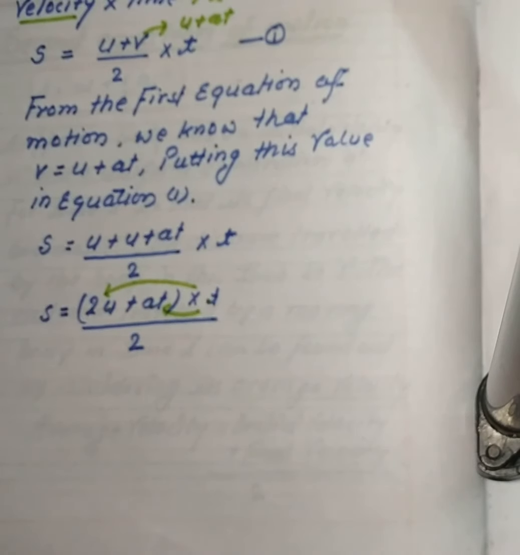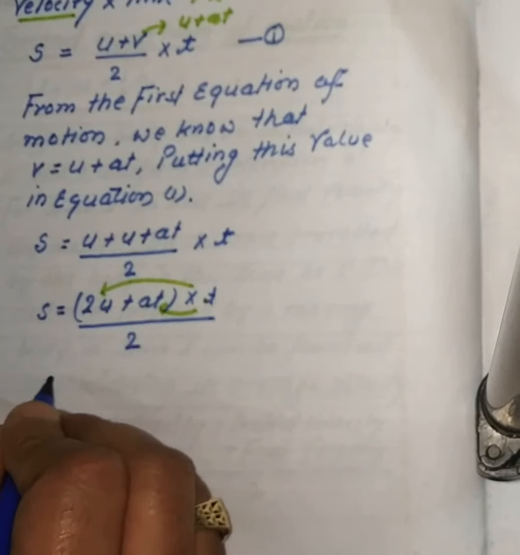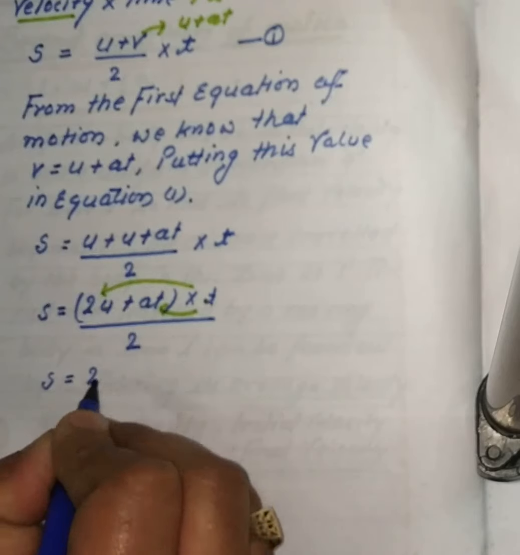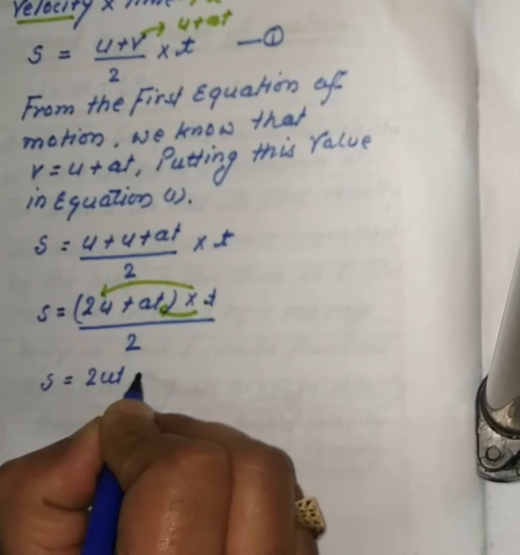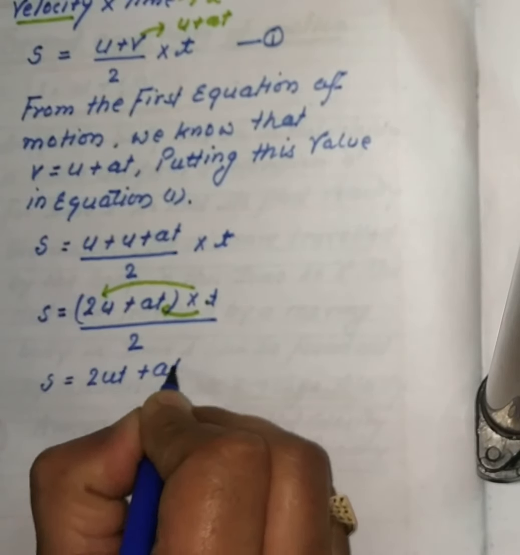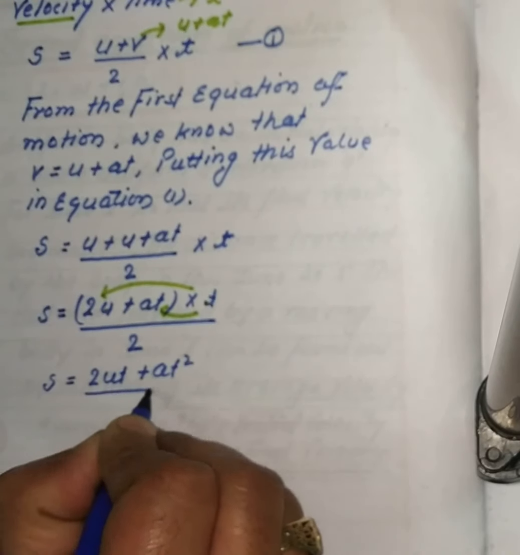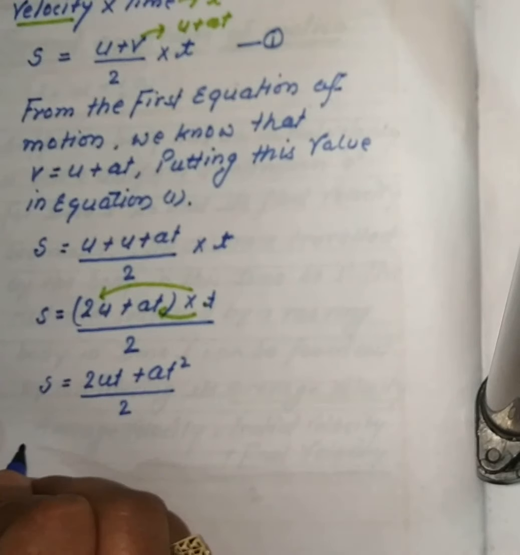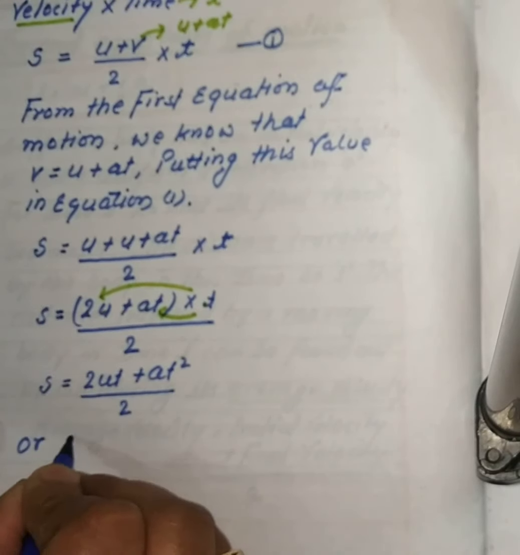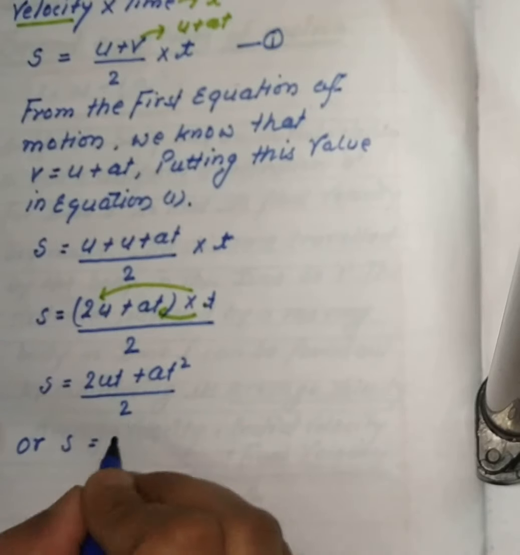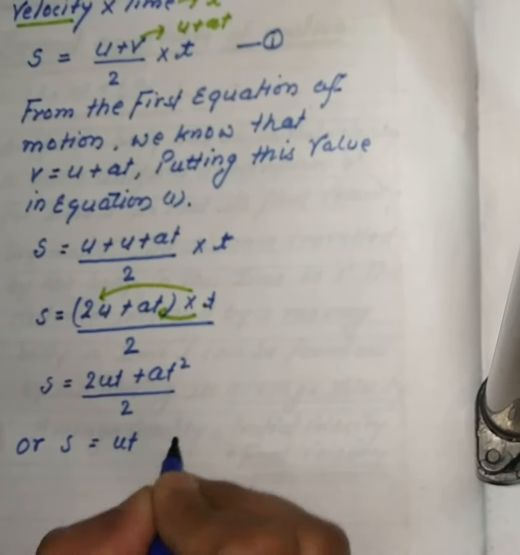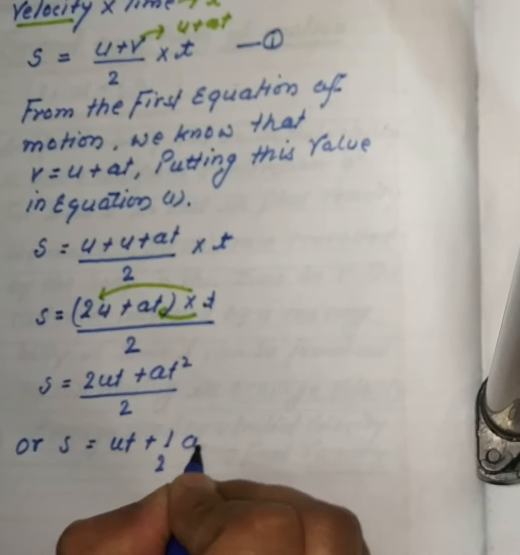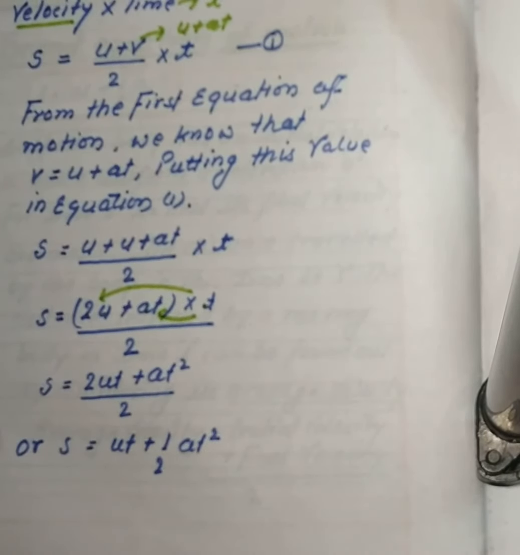So S equals 2ut plus at square upon 2, or S equals, taking the common factor, ut plus half at square.